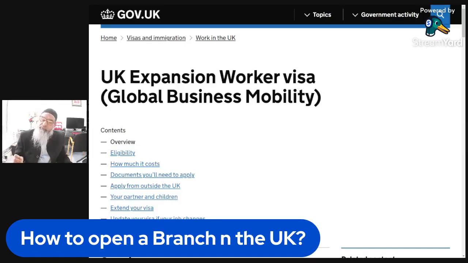What is the difference between a short term or temporary and long term and permanent visa is that one visa category does not take you to settlement or permanent residence in the UK. The long term or permanent type of visa leads to settlement in the UK. So UK expansion worker visa is temporary visa and it does not lead to permanent residence in the UK.